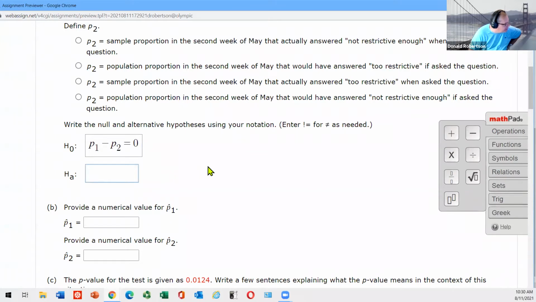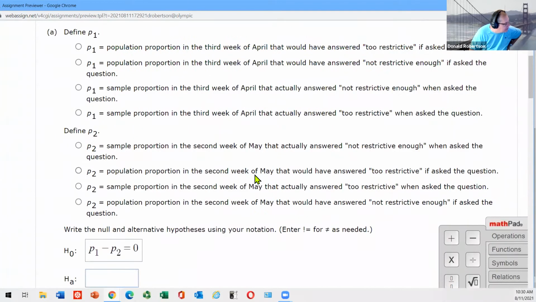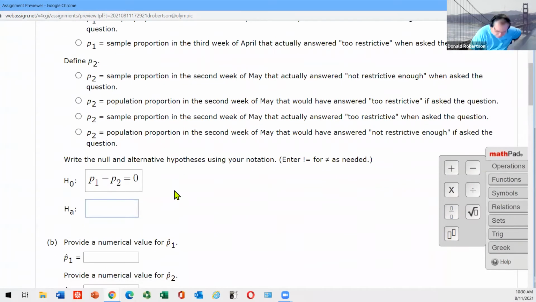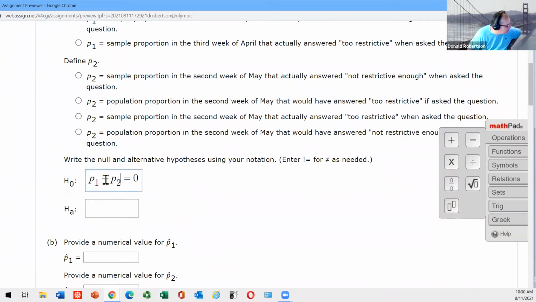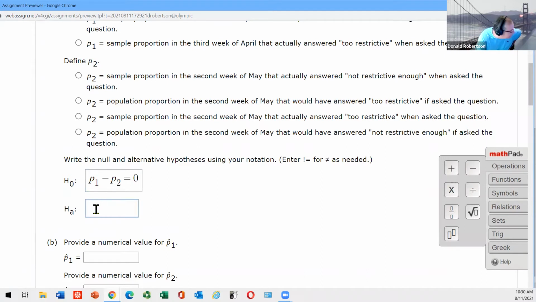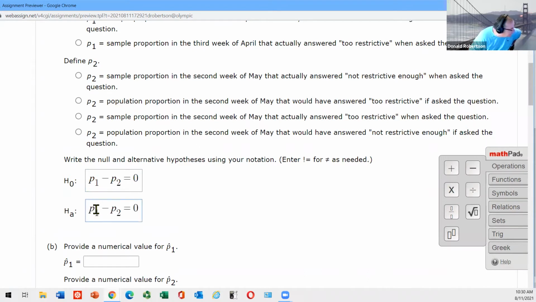Now, the alternate here is that if you took the April results, just copy the whole thing. Now, less than, bigger than, or not equal to, that's your three choices. What is it in this story?